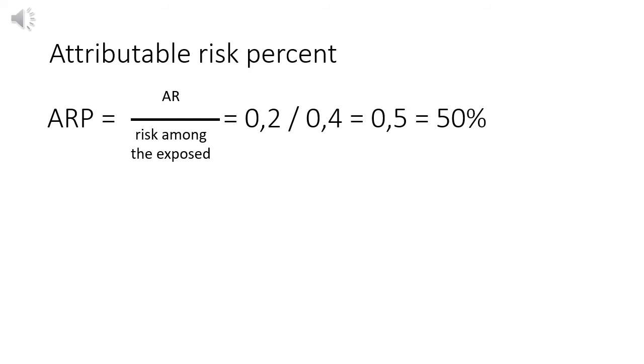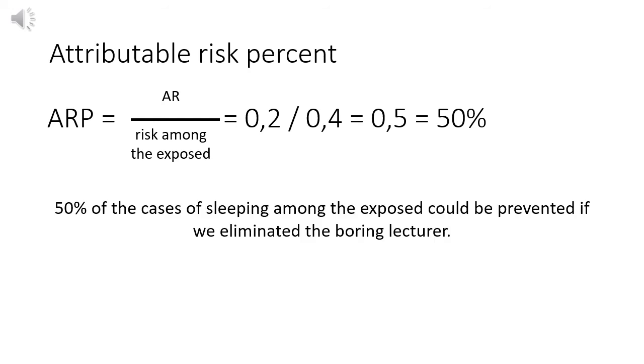So in our case, the attributable risk percent would be calculated as 0.2, which is the attributable risk, divided by 0.4, because this is the risk of the disease among the exposed. It equals 0.5, which is 50%. The interpretation is that 50% of the cases of sleeping among the exposed group could be prevented if we eliminated the boring lecture.